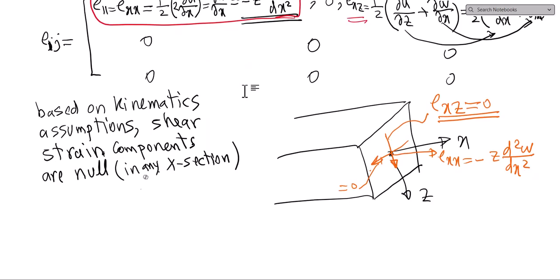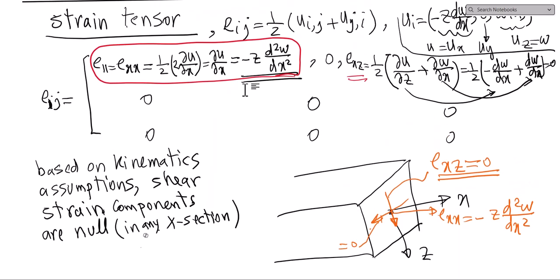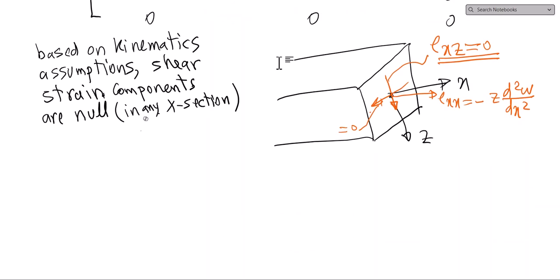Now, one thing that I would like to point out here is also the sign of this d²w/dx². This is actually the curvature, or the inverse of the radius at the point. So if I look at it here, in a schematic way, if you have a beam like this, this is positive bending moment, positive, positive.